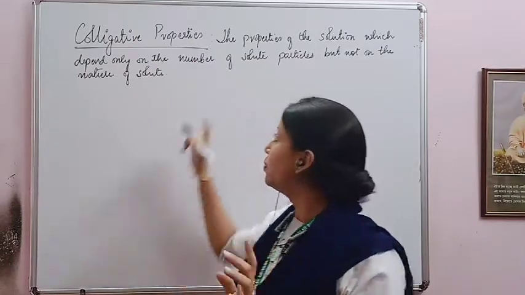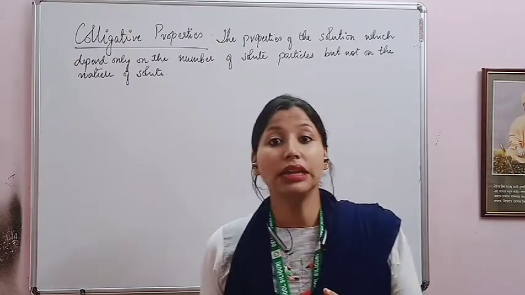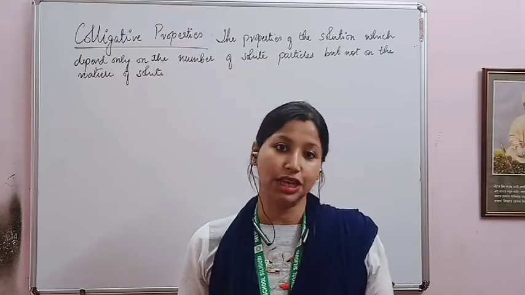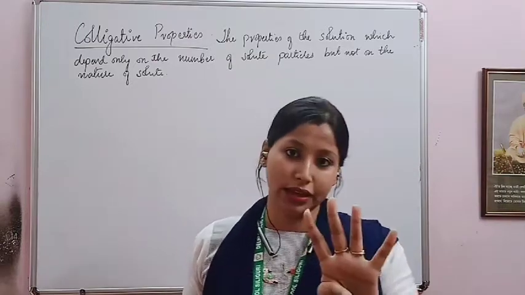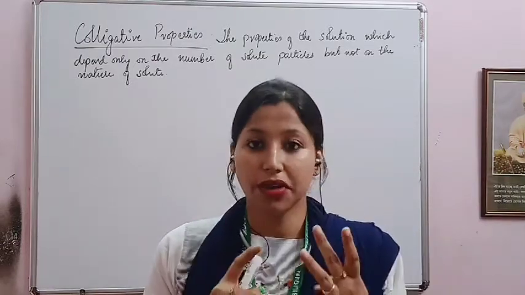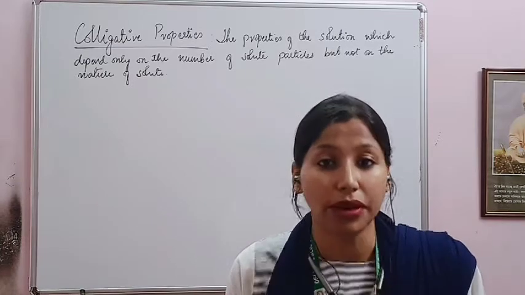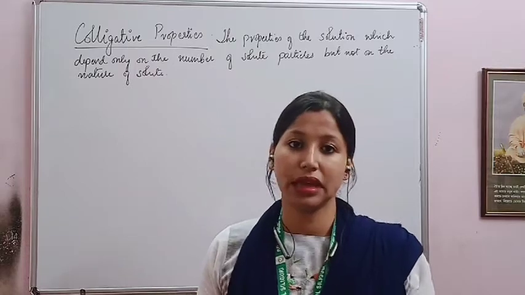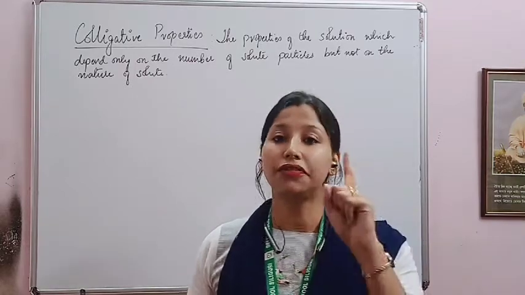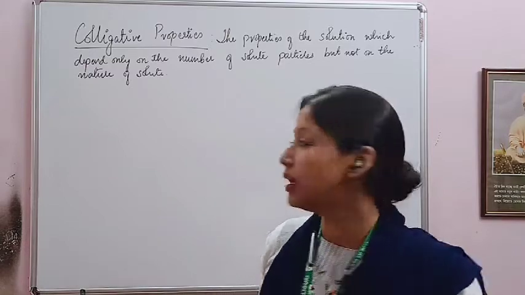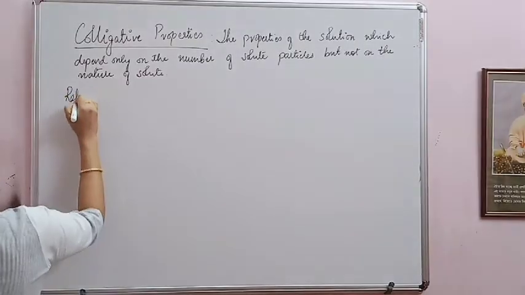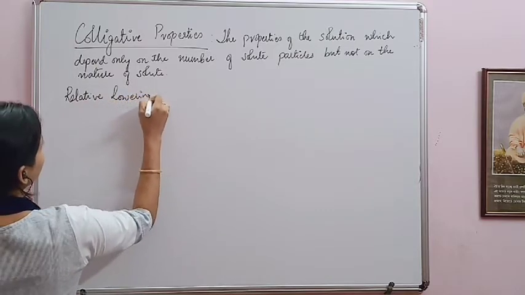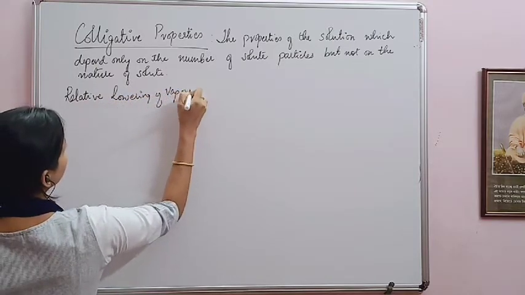There are 4 colligative properties: relative lowering of vapor pressure, elevation in boiling point, depression in freezing point, and osmotic pressure. We will discuss the first colligative property today, that is relative lowering of vapor pressure.